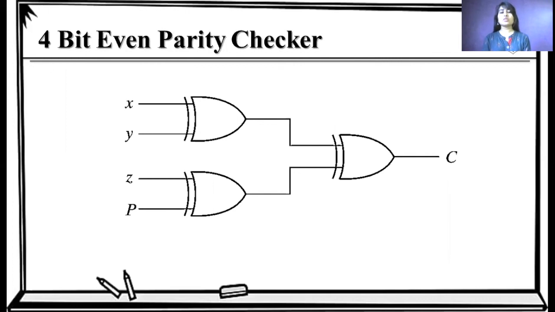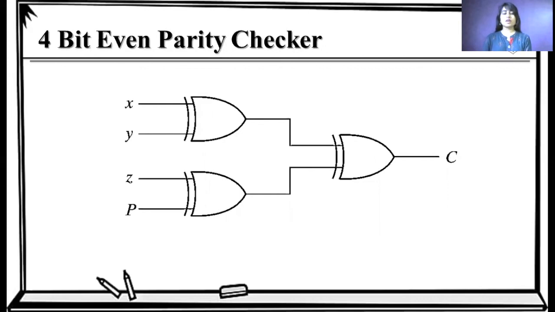So we have a C bit which has the logical expression X XOR Y XOR Z XOR P. This is how we can generate the parity checker bit for 4-bit even parity.